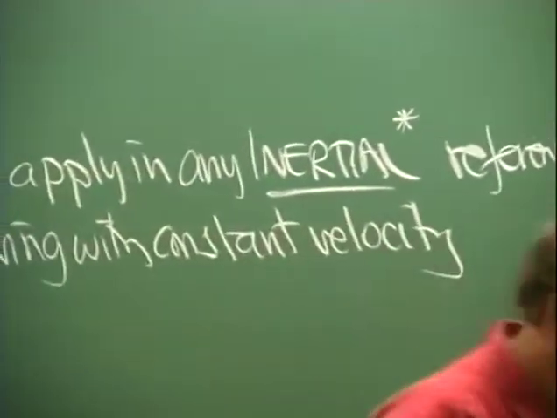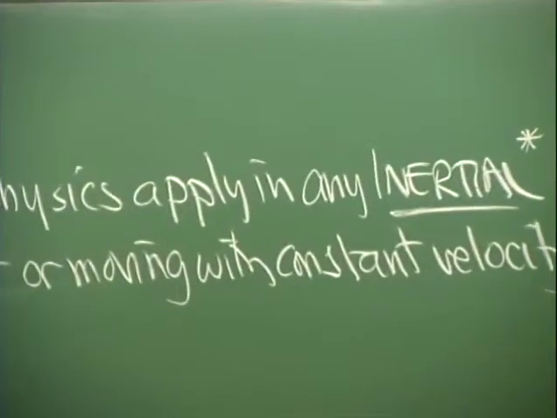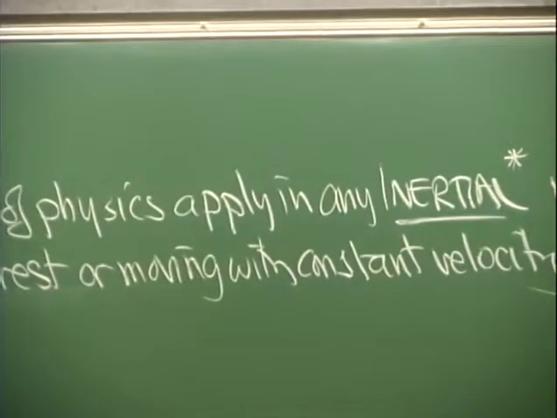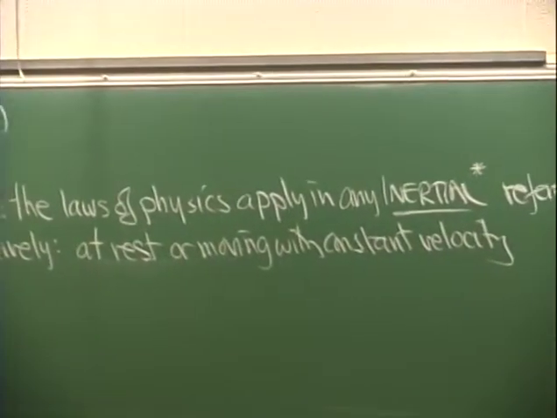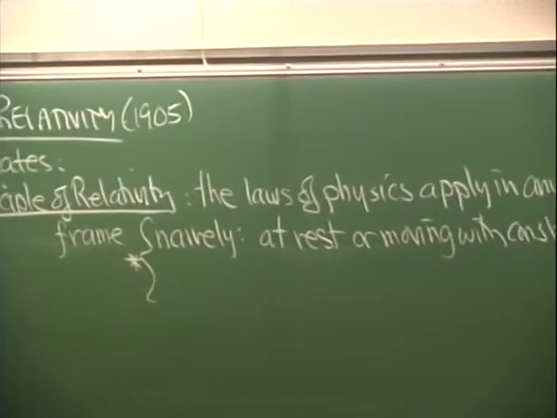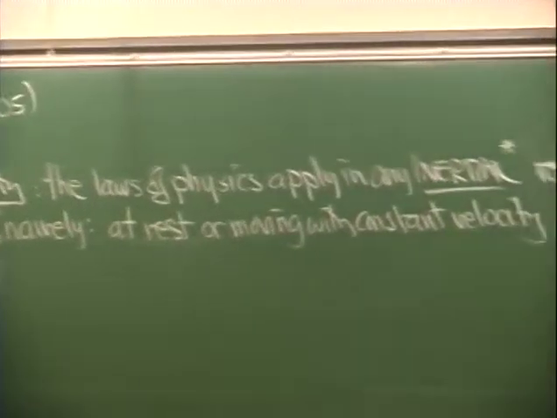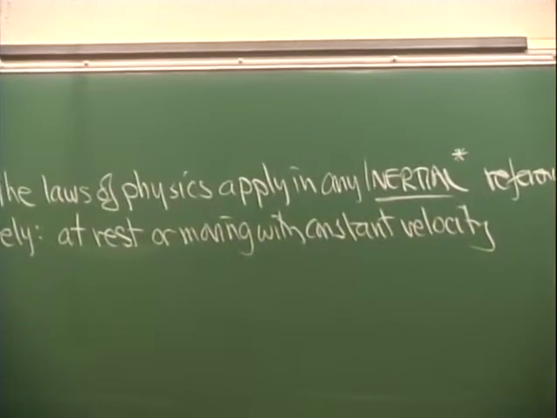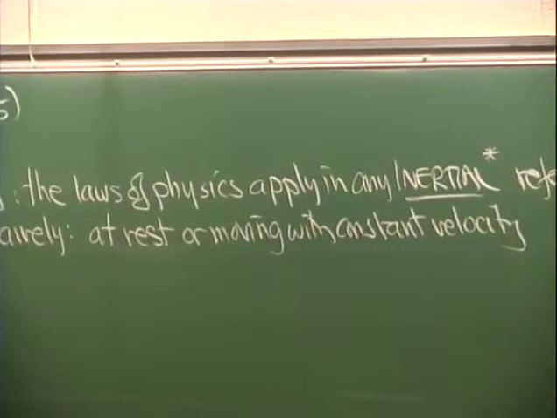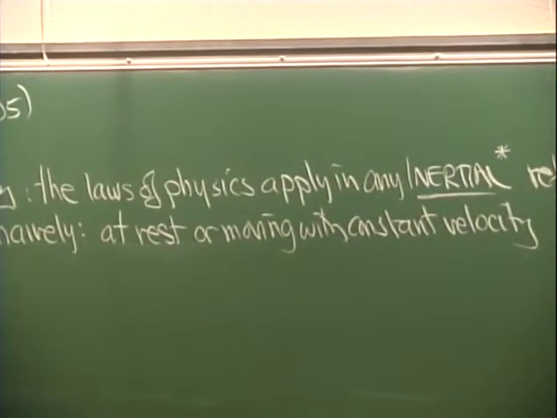As I was mentioning at the end last time, that actually is a defective definition, because how would you know if a system is at rest? If the laws of physics apply perfectly well in any moving reference frame, you have no way of ascertaining what is the rest system, if indeed there's any such thing as a rest system.